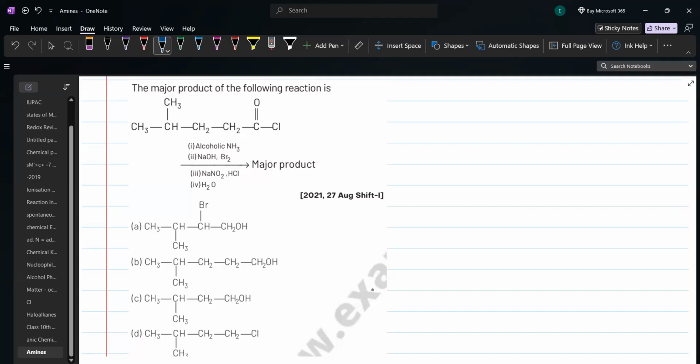Actually, this is a very good question, and let me tell you, this question has appeared more than 3 times in the JEE exam, and it can come in later years also. Have you heard this term, Hoffman bromide degradation reaction?